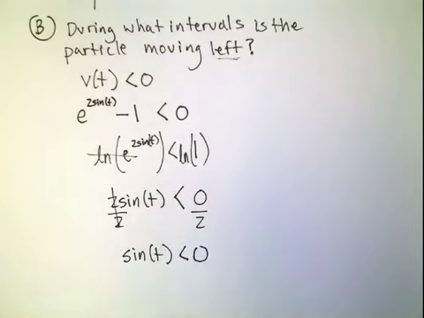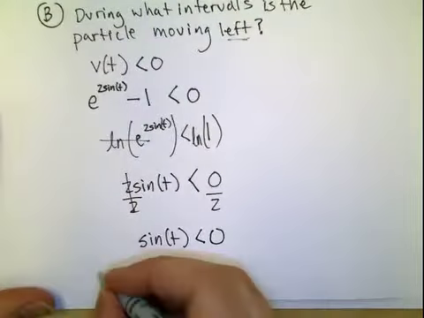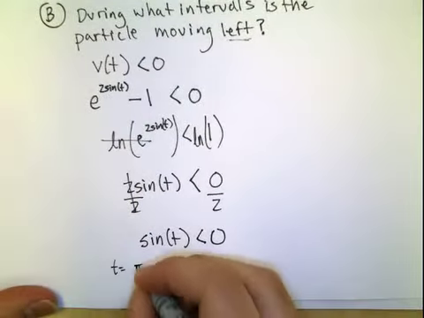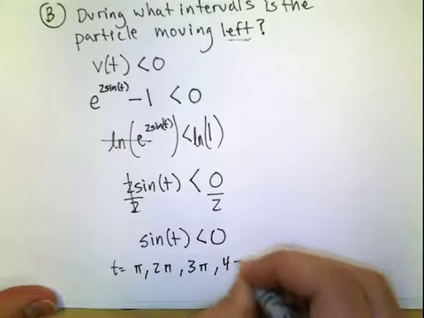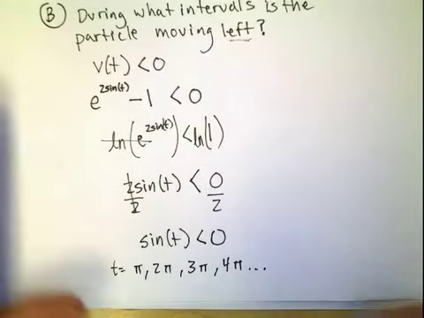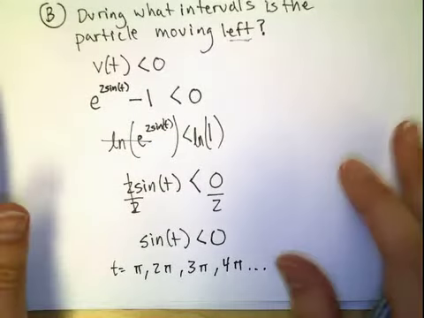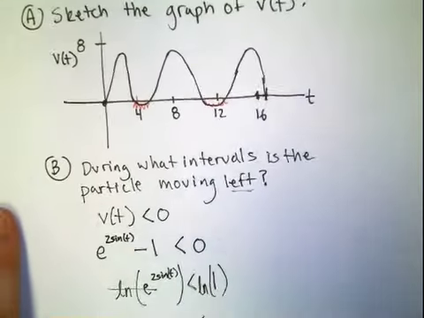I know when sine equals 0, it's at pi, 2 pi, 3 pi, 4 pi, which tells me that when time equals pi, 2 pi, 3 pi, 4 pi, etc., is when this function equals 0. So up on my graph, that's going to help me figure out these numbers.